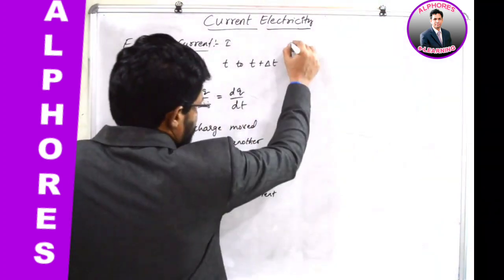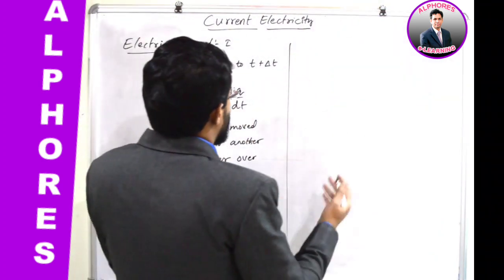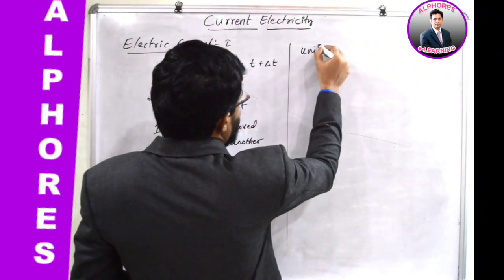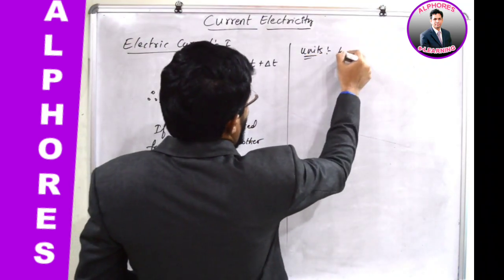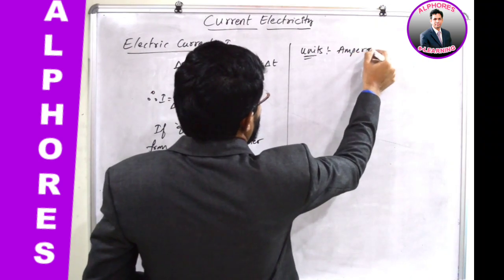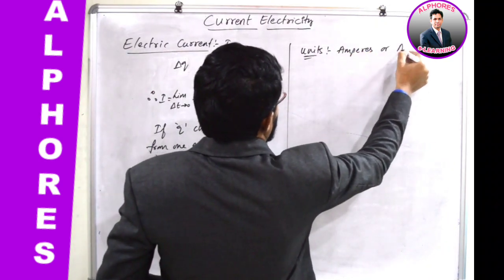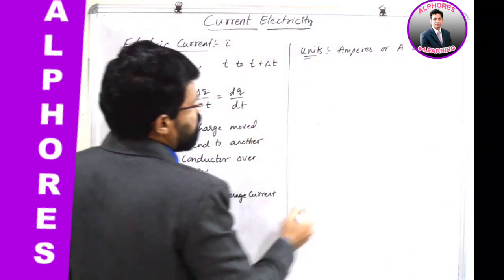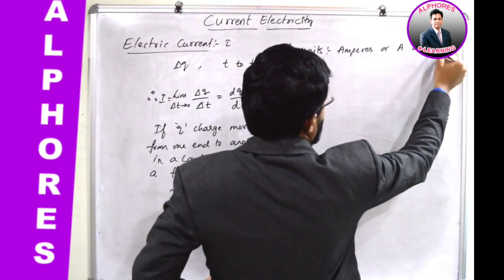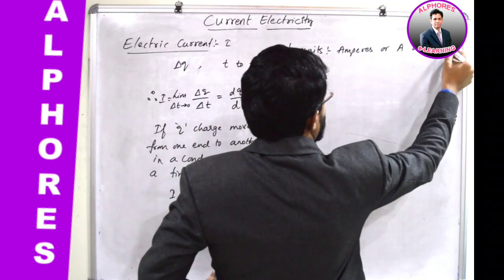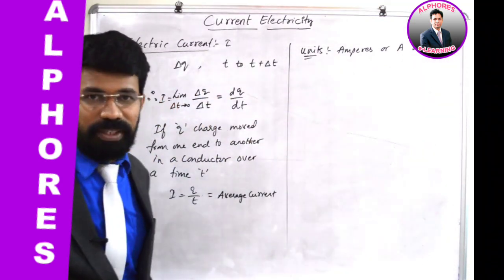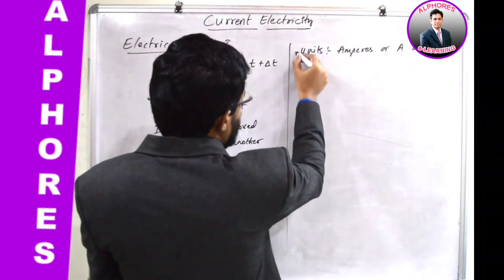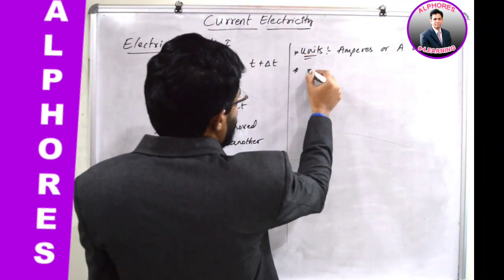Let us talk about a little more fundamental information connected with electric current. Its units are amperes, or simply you can write it as A. Or since you are taking the ratio between charge and time, it can also be expressed as coulomb per second. And what kind of quantity is this? It's a scalar quantity.